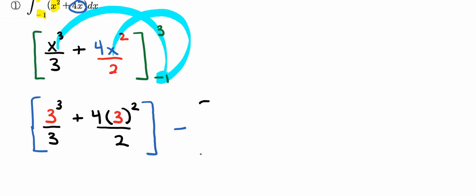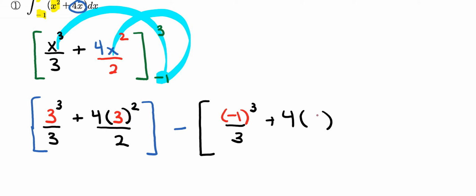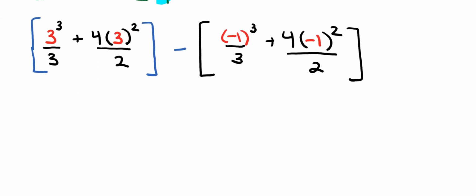I need a separate bracket for that. That's going to be -1 to the power of 3 divided by 3 plus 4 times -1 to the power of 2 divided by 2, close the bracket. And your final step now is you have to numerically calculate this entire expression here.